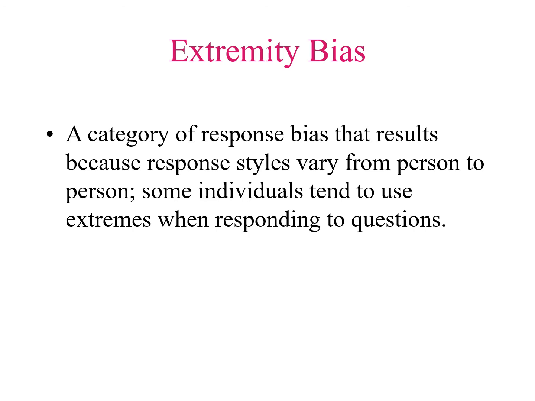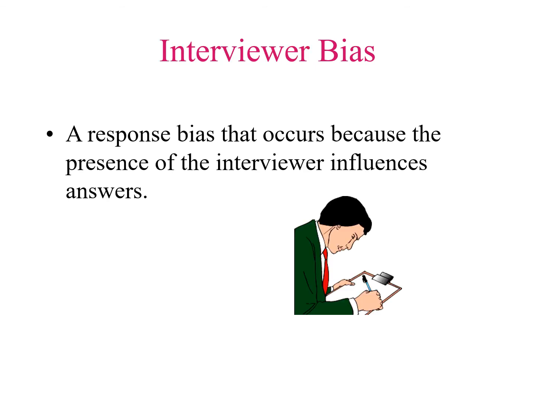Some individuals tend to use extremes when responding to questions. Interviewer bias is a response bias that occurs when the presence of the interviewer influences answers. Often when interviewers interview someone, because of the presence of the interviewer, the interview has this interviewer bias.